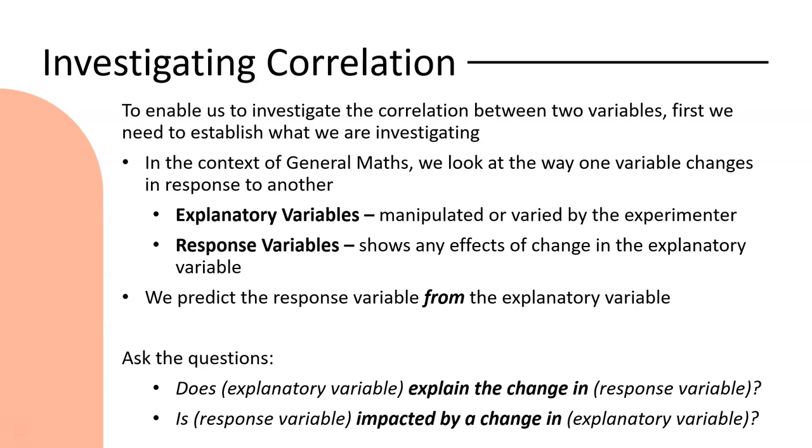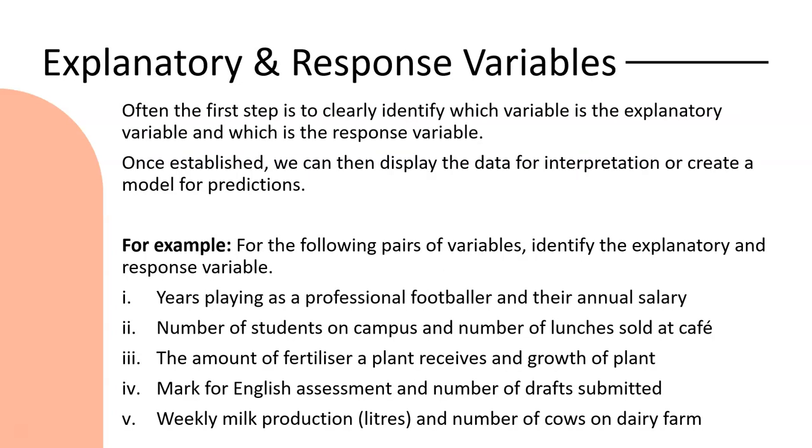That's an example of age being explanatory and shoe size being the response variable. Another way of phrasing it is, is my shoe size impacted by a change in my age? It's just flipping the sentence and thinking about it in a different way. That's a very handy way to identify the two types of variables.